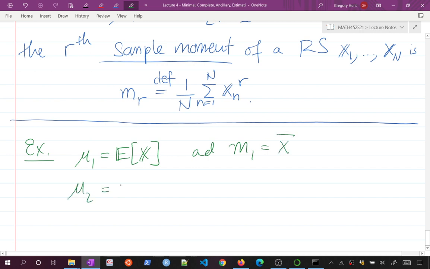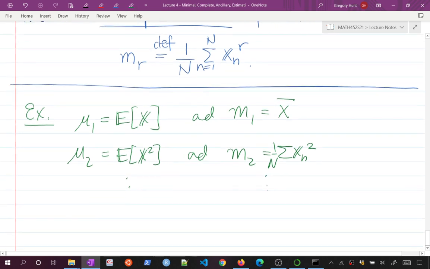The second population moment is the expected value of x squared, and the second sample moment is basically the average of the squares, and so forth. The third moment is going to be the expected value of x cubed, and the third sample moment is going to be the average of those powers.